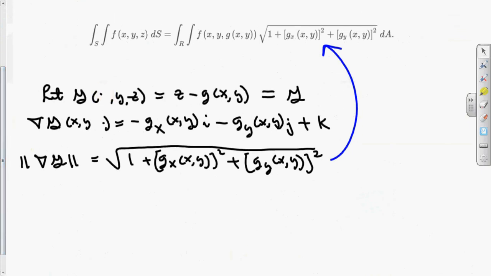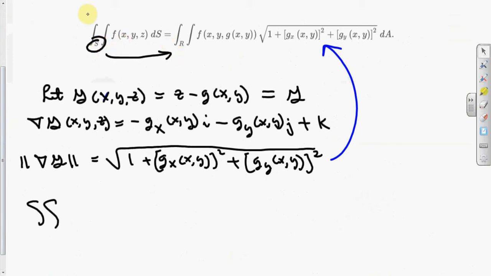See if we can put the pieces back together again. I want to write R, but there's a reason for that. This double integral over the surface reduces to the double integral over the region.